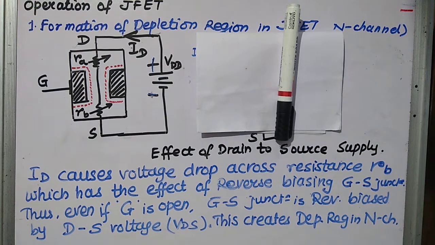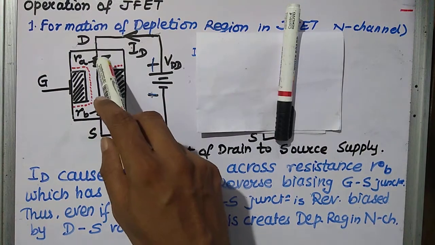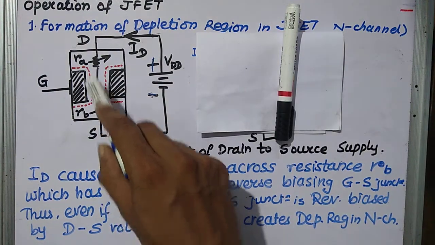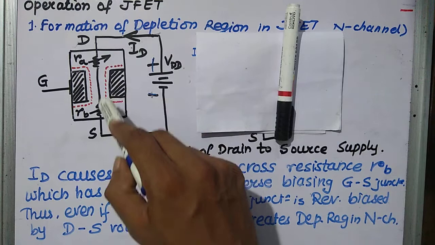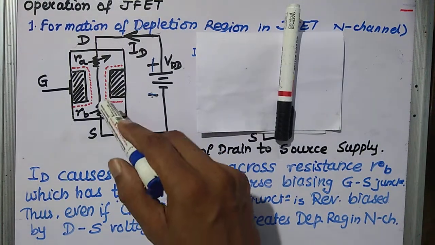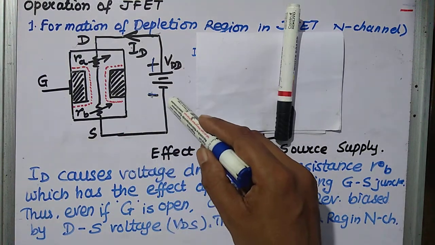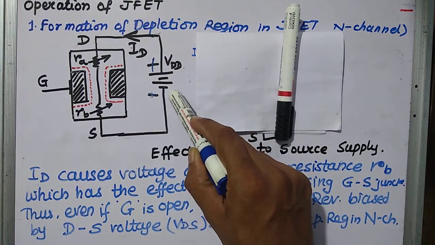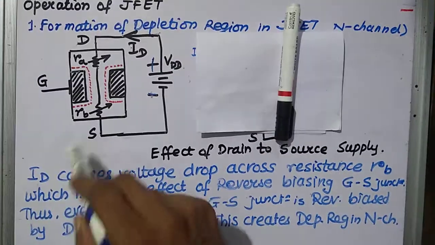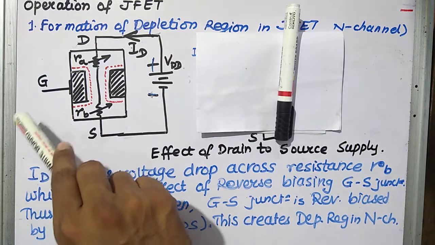So the things are very simple. First of all, we have represented resistances RA and RB in the channel. Both the resistances are shown variable because the values of RA and RB depend upon the magnitude of the reverse bias, VDD and VGS. Here the gate terminal is open.